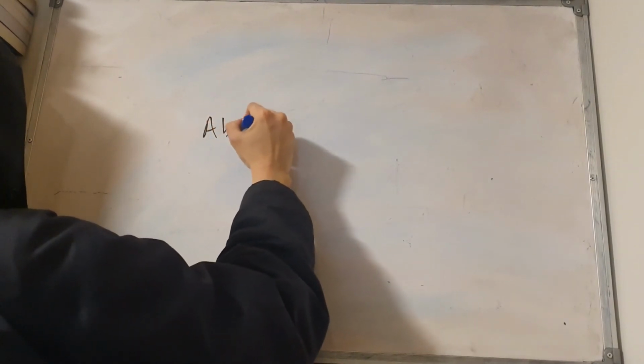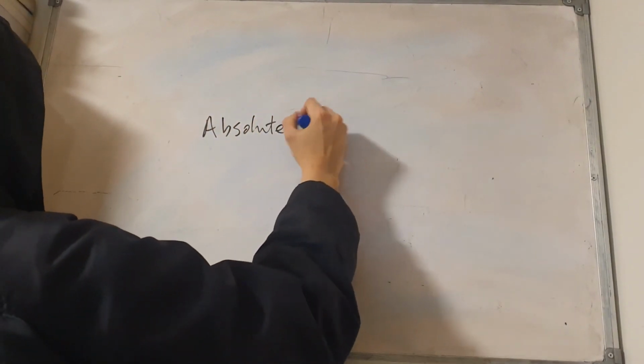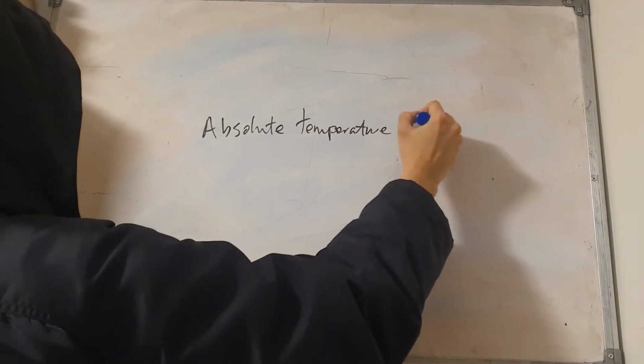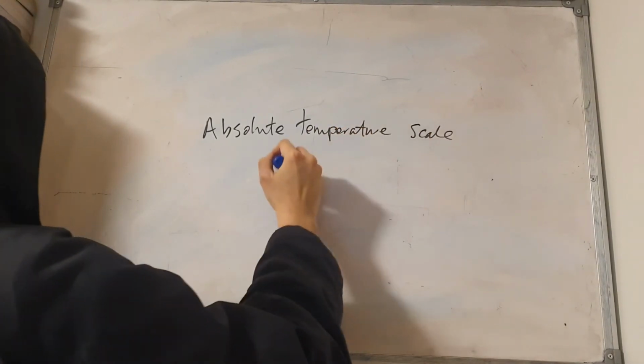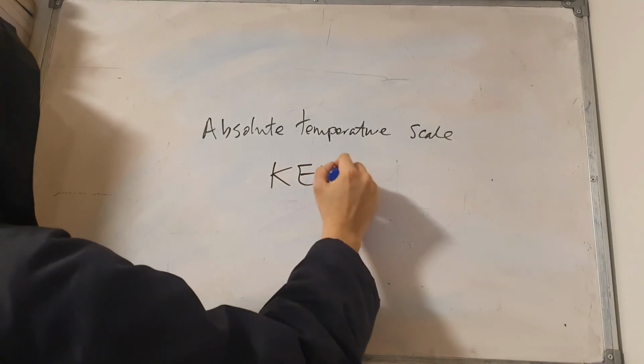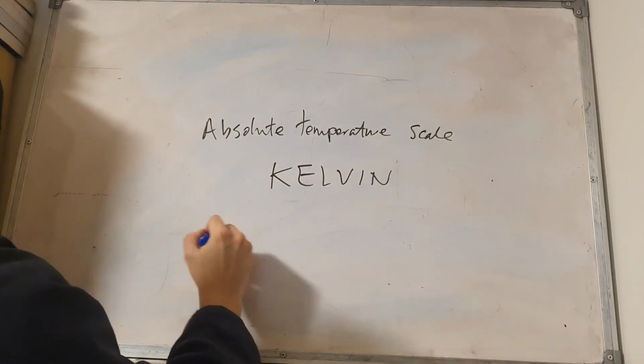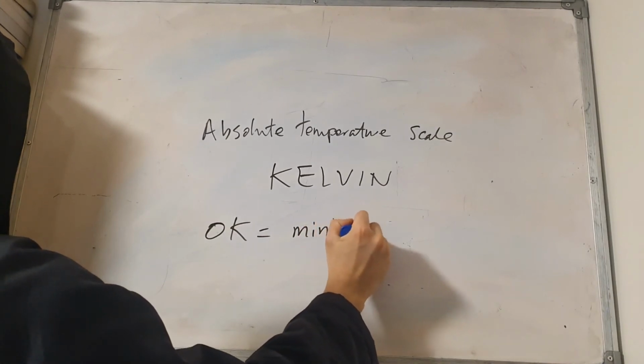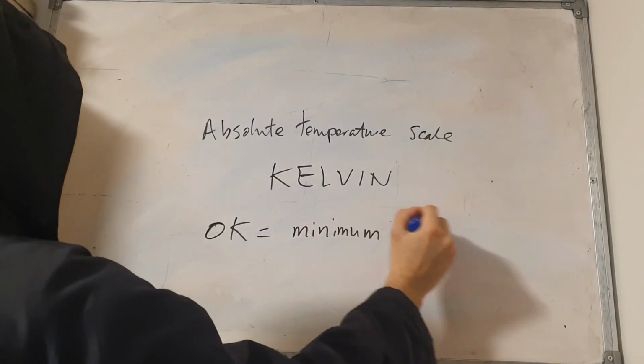Let's talk about absolute temperature, the absolute scale. The absolute scale is Kelvin, and 0 Kelvin is where it is the minimum internal energy.